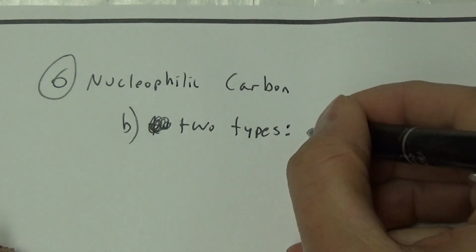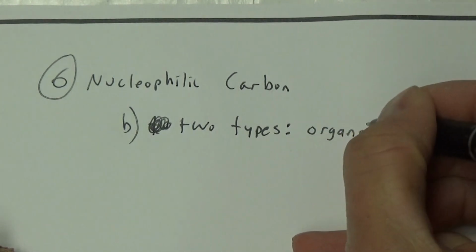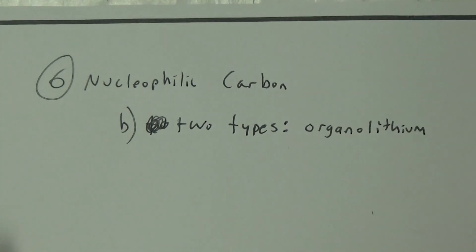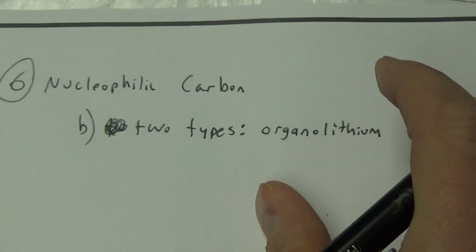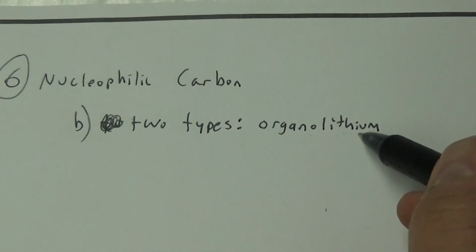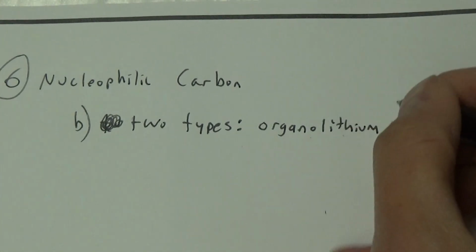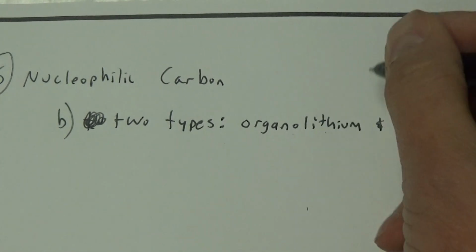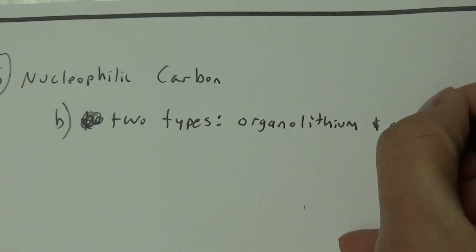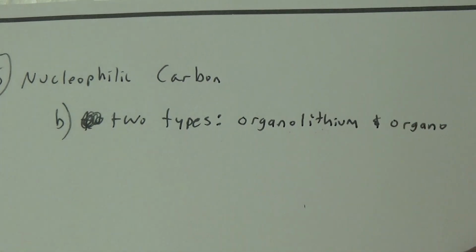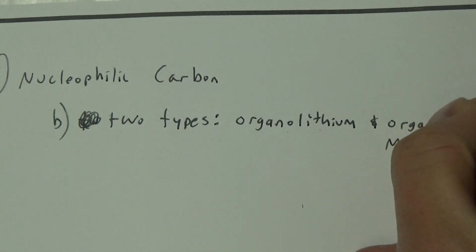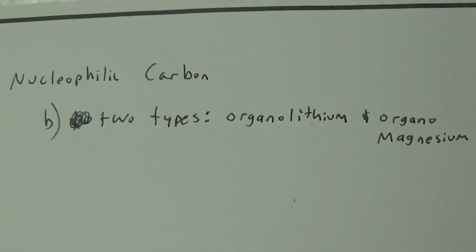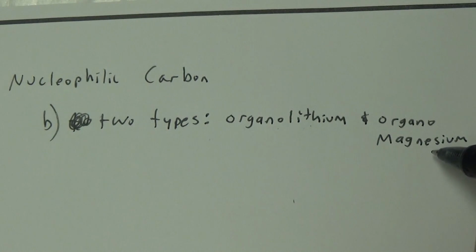One is called organolithium. So which metal is attached to the carbon? In this case, it's lithium, right? The other one is organomagnesium. So we have organolithiums and organomagnesiums.